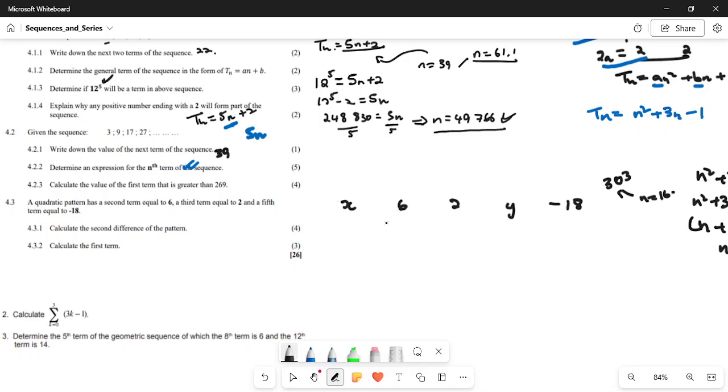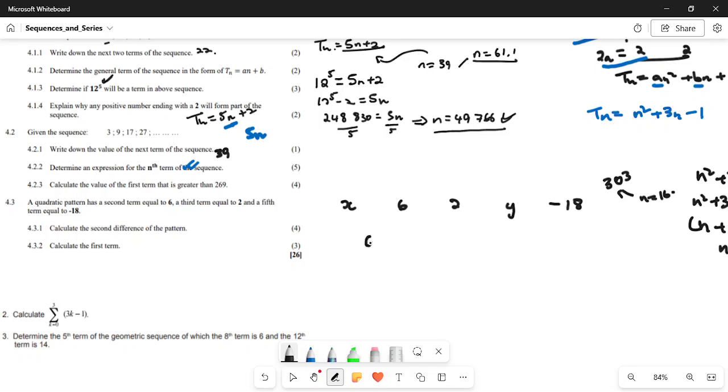So obviously I need to find my first difference. Okay, that's the first question. In fact, 4.3.1, calculate the second difference of the pattern. Okay, we want the second difference. Anyway, we were going to do this because we are working with variables. So let's find the first difference.